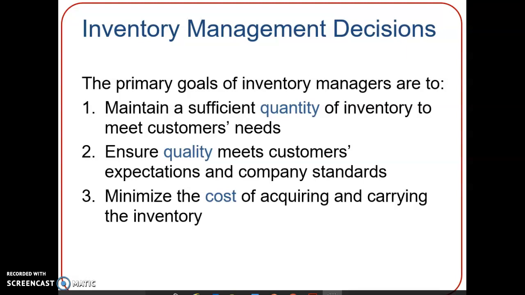And finally, the cost of acquiring and carrying the inventory. Remember the concept we introduced in Chapter 6: the cost of inventory includes not only the cost of acquiring the inventory, but also the cost of carrying it, including transportation cost and storage and warehousing cost.